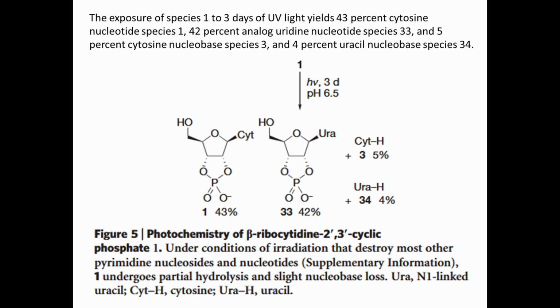The exposure of species 1 to 3 days of UV light yields 43% cytosine nucleotide species 1, 42% analog uridine nucleotide species 33, 5% cytosine nucleobase species 3, and 4% uracil nucleobase species 34. Sutherland says this 3 days of exposure to UV light destroyed many of the co-products that might interfere with the incorporation of the nucleotide products into RNA.